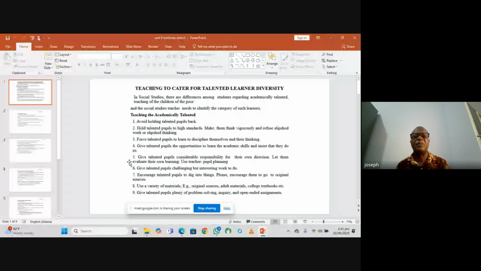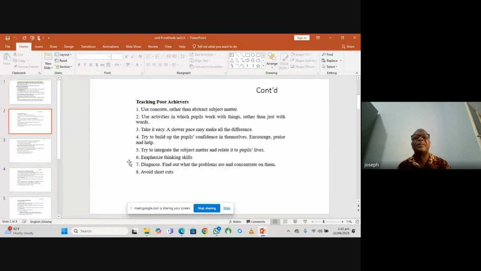Give talented people enough problem-solving, inquiry, and open-ended assignments so that they can put their thoughts together by looking for the information for themselves and making sure they own their own learning. Don't be providing them with the information because you have to push them to look for information for themselves because they are talented individuals.